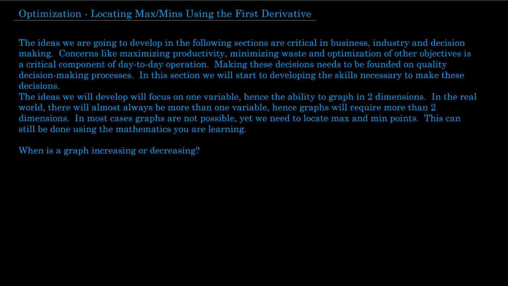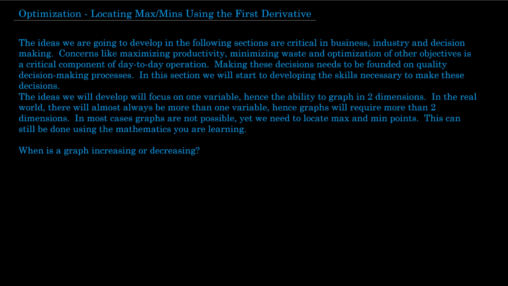Okay, so realize that when we're talking about optimization, it can mean maximizing or minimizing, and it's purely dependent on the context of the problem as to whether we're looking at maximizing or minimizing.